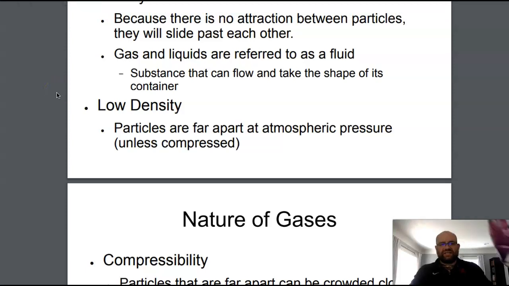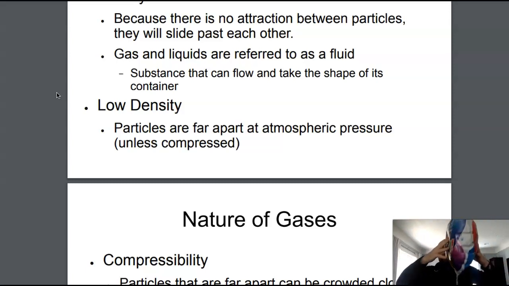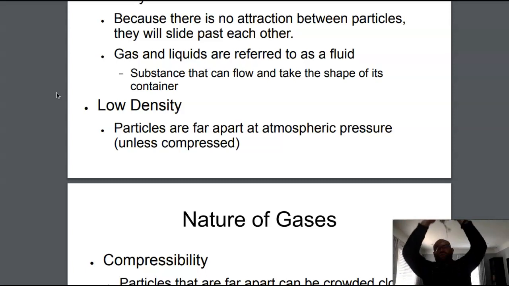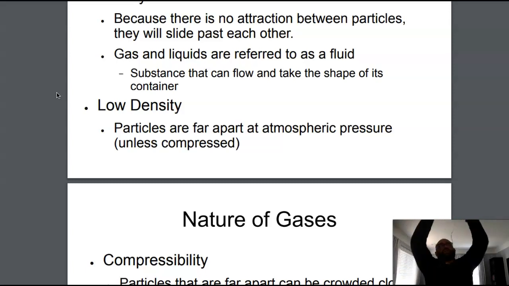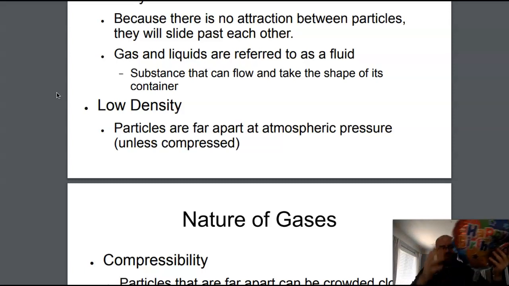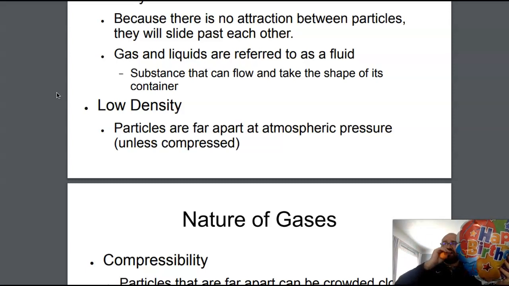Okay, so we talked about density of gases. Here I have a birthday balloon from my birthday back in March. It's still inflated with helium. We can see that the balloon is less dense than the surrounding air, and it floats up. So, lighter density here versus the balloon.